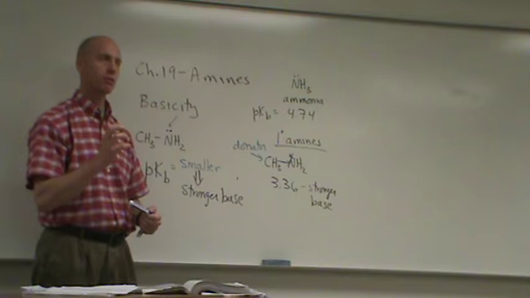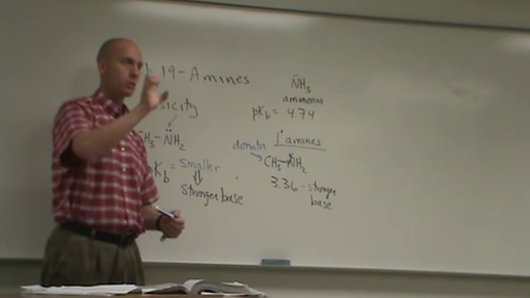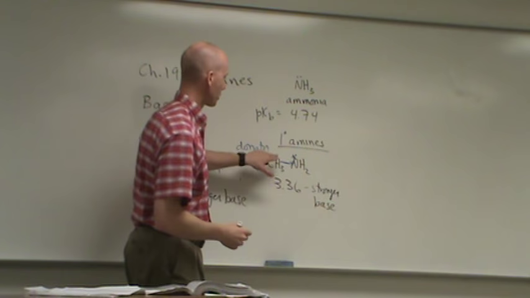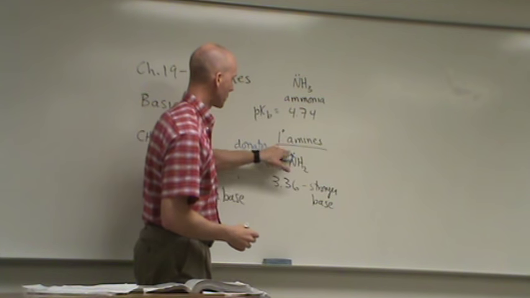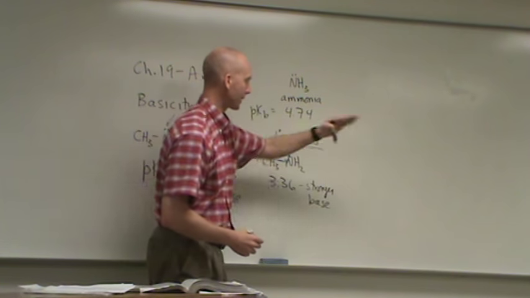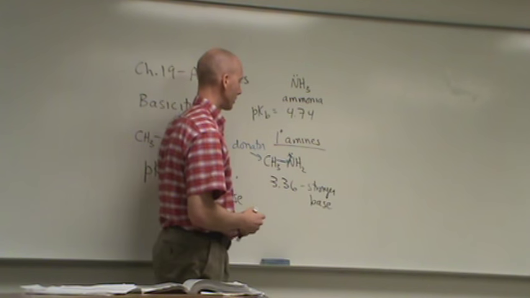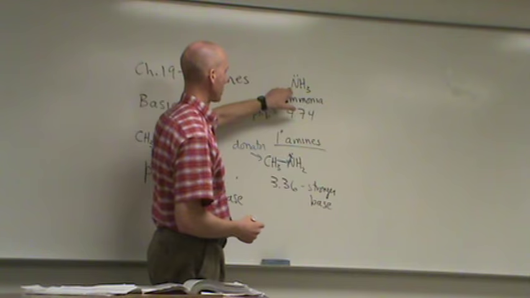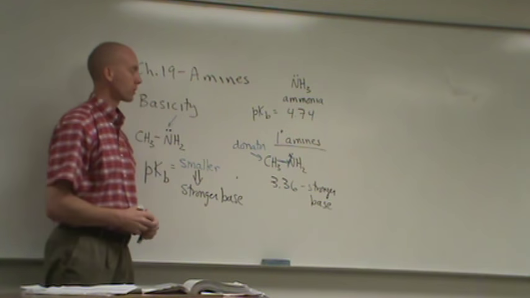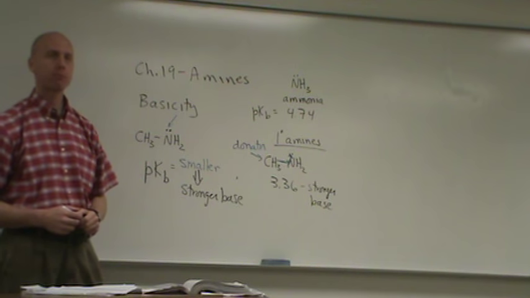It's wanting to leave, to attack something. So this CH3 has made this more basic by kind of pushing it out to want to attack an acid. This one here doesn't have any pushers on it, so it's less basic.